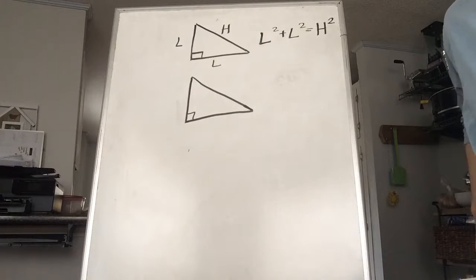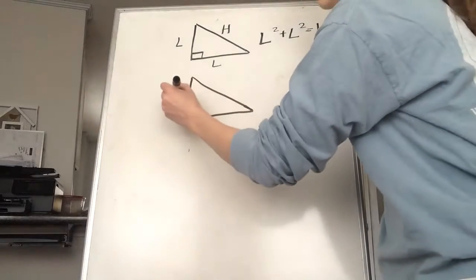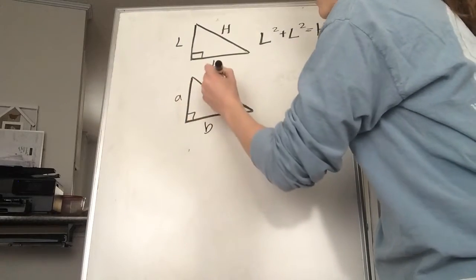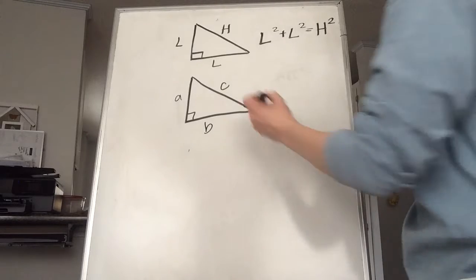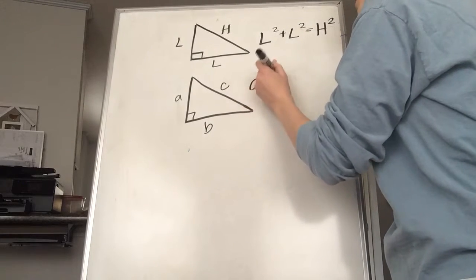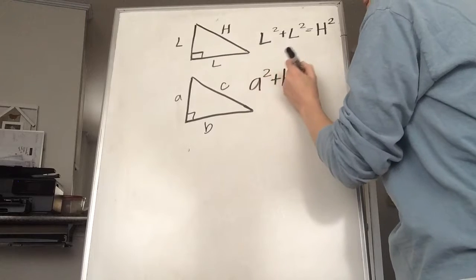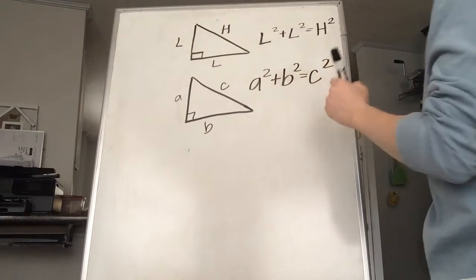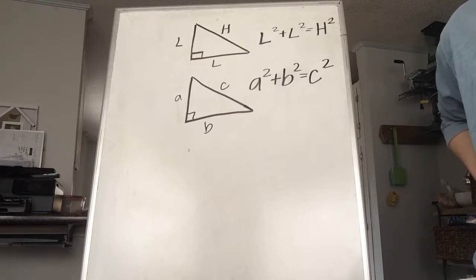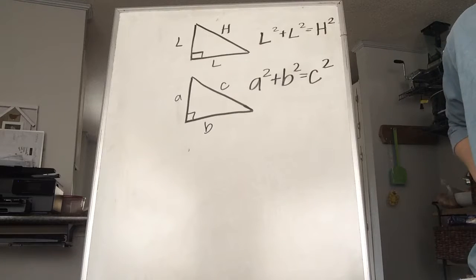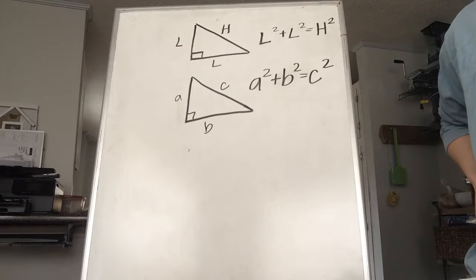So if the legs in this problem are A and B and the hypotenuse is C, then the Pythagorean theorem can be written as A squared plus B squared is equal to C squared, which is the same as leg squared plus leg squared is equal to hypotenuse squared. So number one would be D.